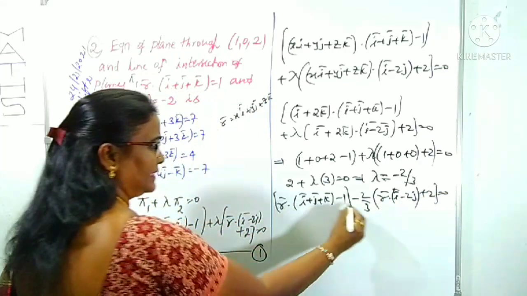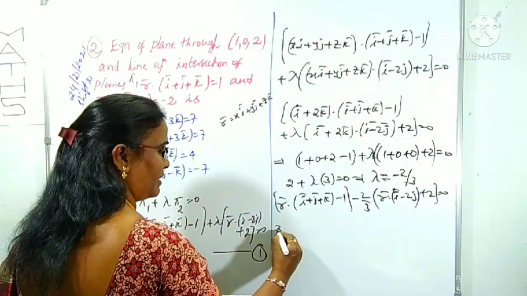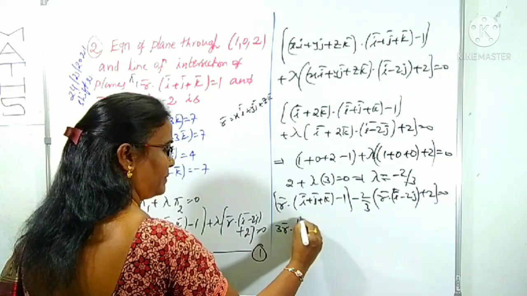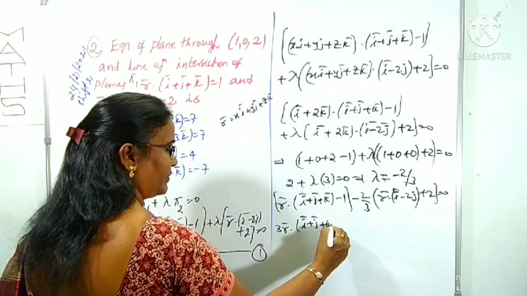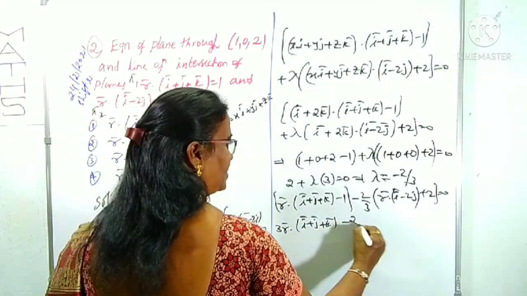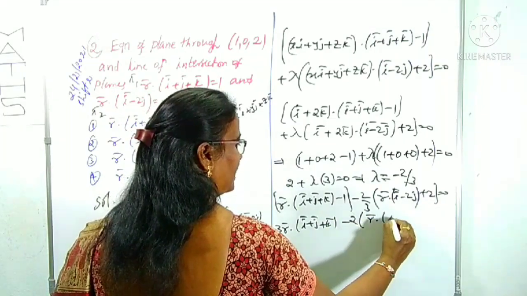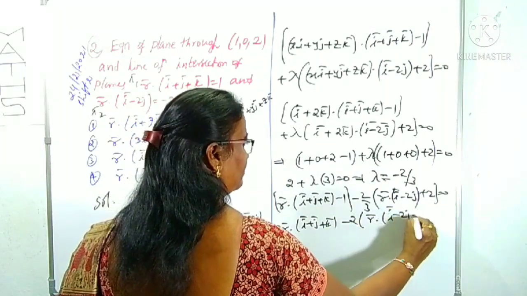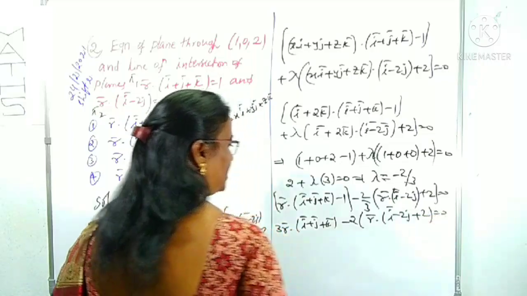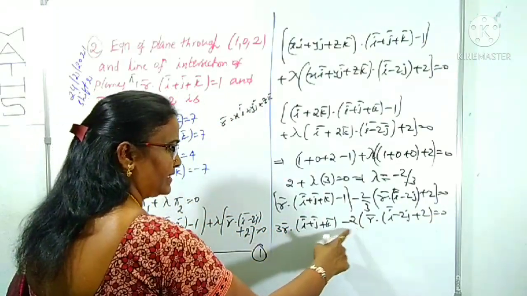What is the LCM here? 3 is the LCM. This is 3 R bar dot (i plus j plus k) minus 3, minus 2 R dot (i minus 2j) plus 4 is equal to 0.